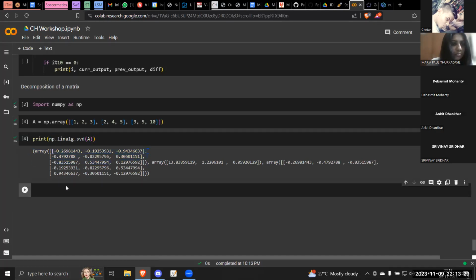We got two matrices. We got the first matrix, then I think these are the eigenvalues, and this is the second matrix. Is this a symmetric matrix? Is this the transpose of the first matrix?